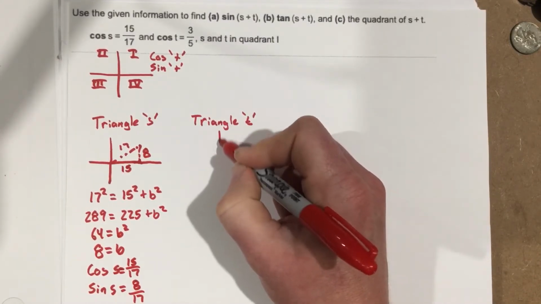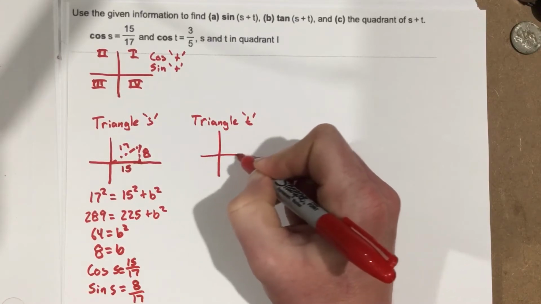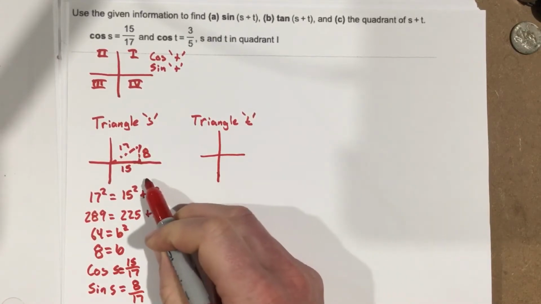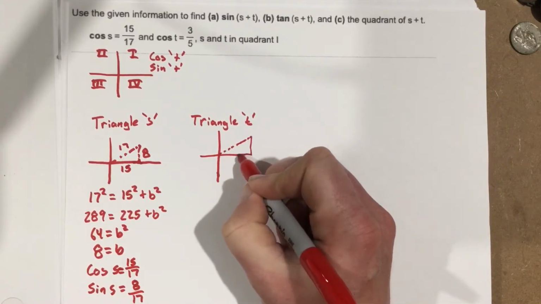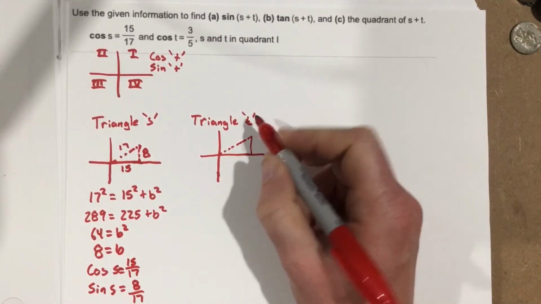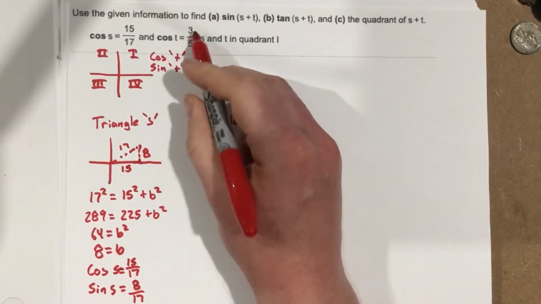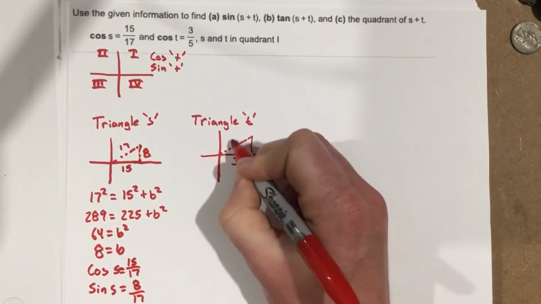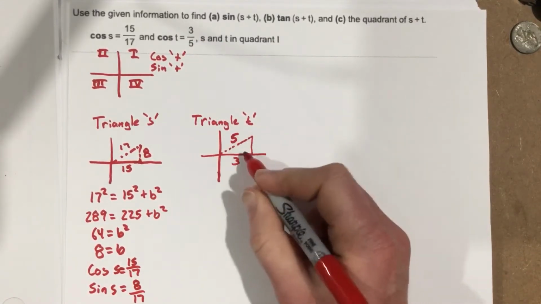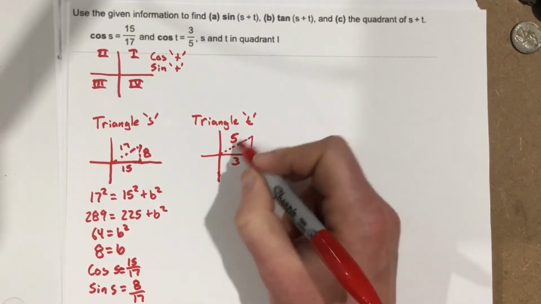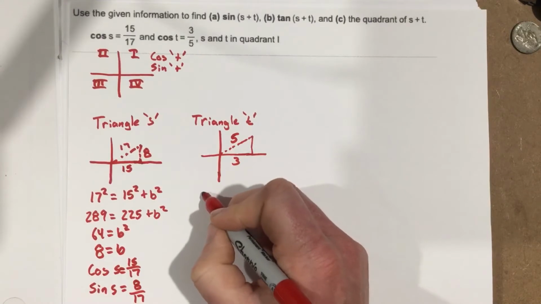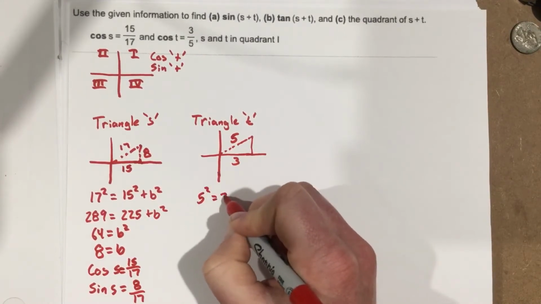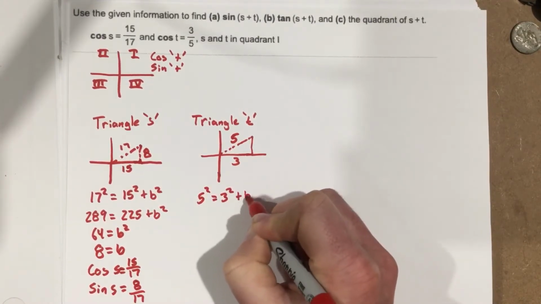Let's look at the second triangle, triangle T. So for triangle T, we've got this triangle here, and this would be cosine T is 3 over 5, so it's 3 and 5. Now you can see this is a 3, 4, 5 triangle, but just for the sake of working this out, let's go ahead and say that 5 squared equals 3 squared plus b squared.